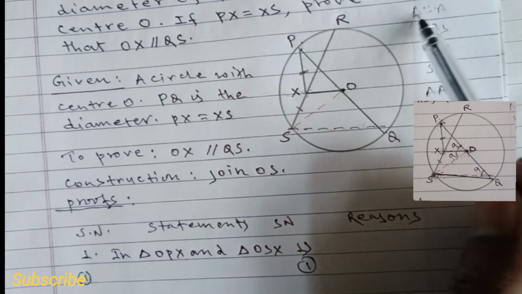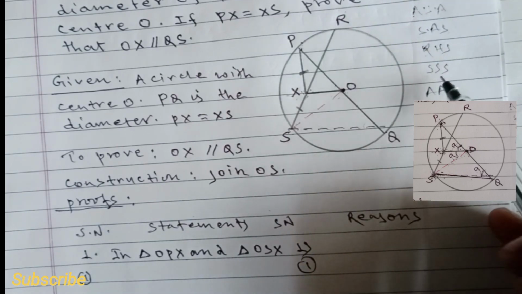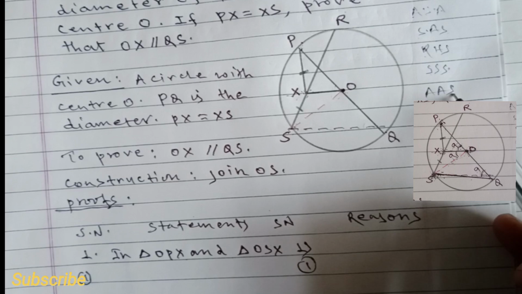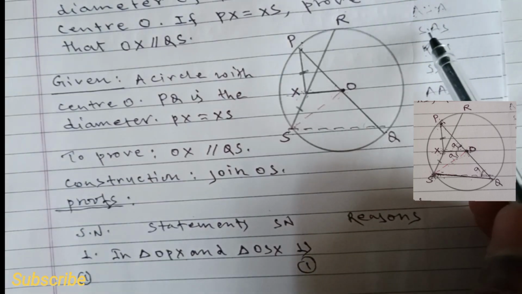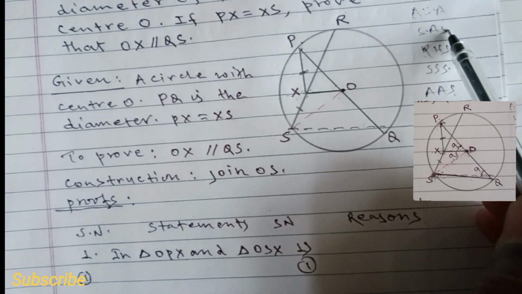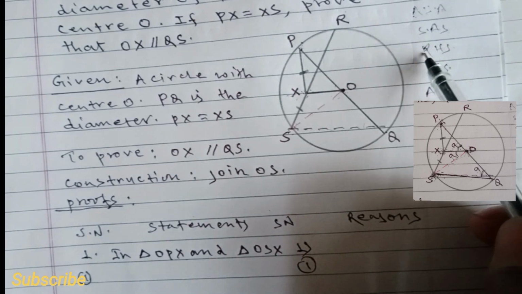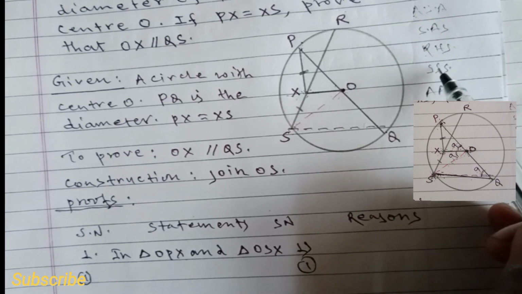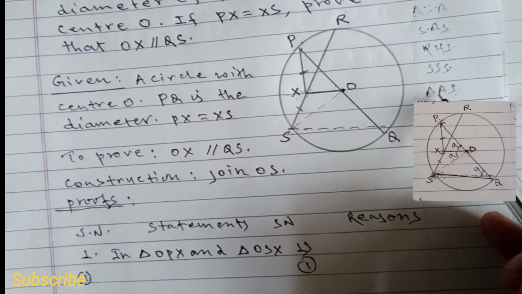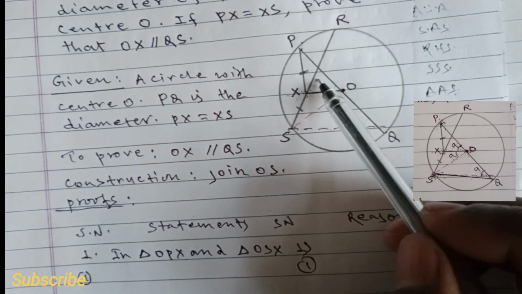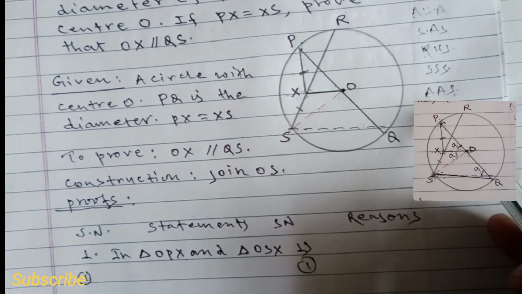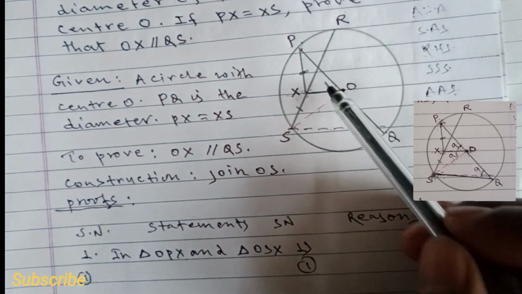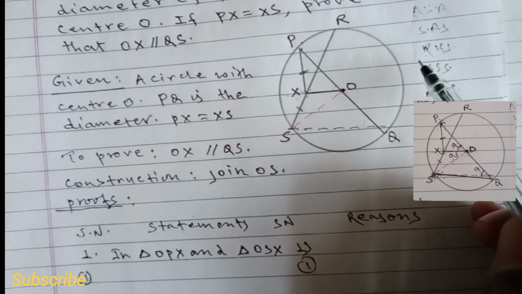This means we can easily remember the 5 facts of congruency tests of congruent triangles by Nepali rhymes. ASA, that means angle side angle. SAS, that means side angle side. RHS, that means right angle hypotenuse side. SSS, side side side. And AAS, that means angle angle side. So if two triangles satisfy any one of the 5 facts of congruency test of triangles, then the two triangles will be congruent.